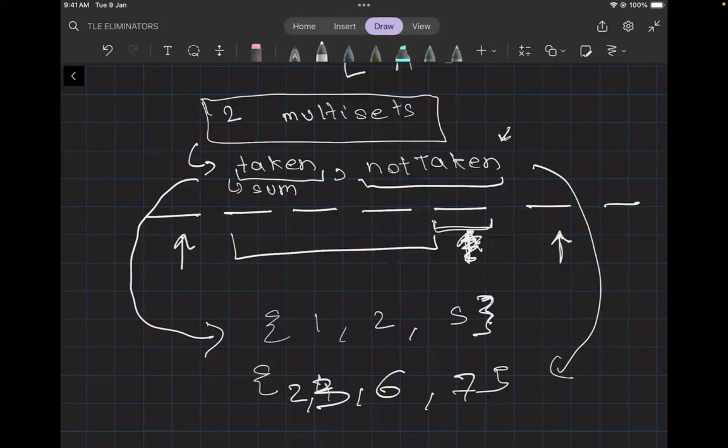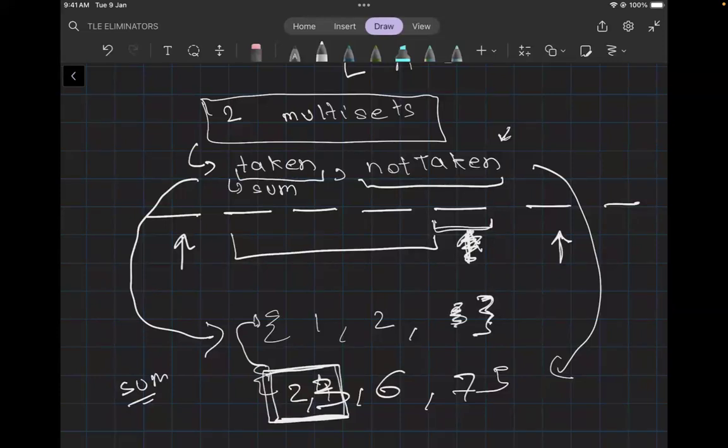Don't you agree that if I remove these two elements from my not taken multiset and put them in my taken multiset, the sum does not really change, but the number of elements that I could take increases?